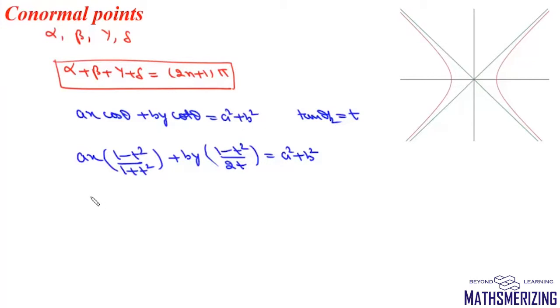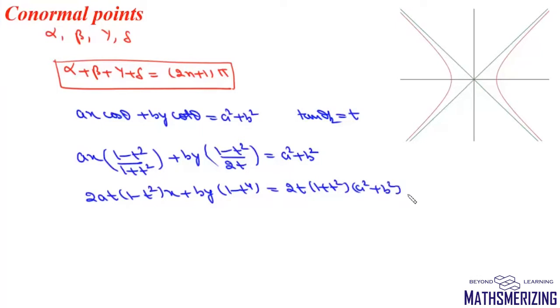We can write this equation as 2at into (1 minus t square) x plus by (1 minus t to the power 4), and it will be 2t (1 plus t square) into (a square plus b square).